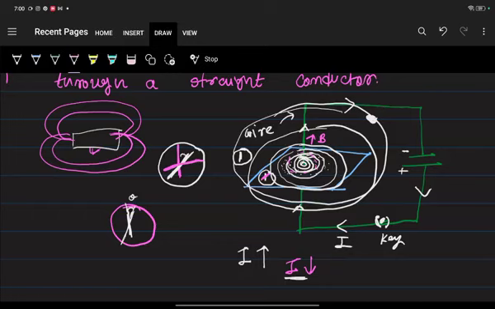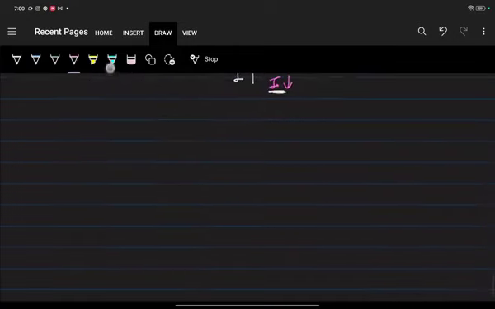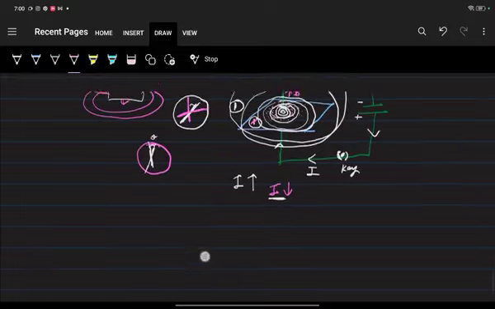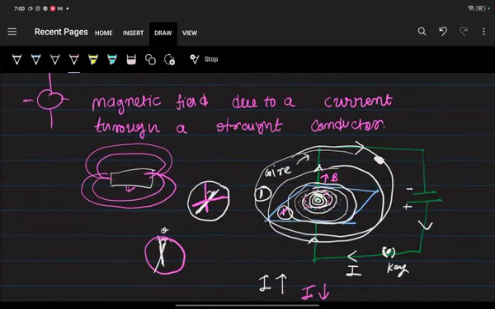Okay, so let's write all these things in words. That's what the experiment was. Magnetic field due to a current through a straight conductor.